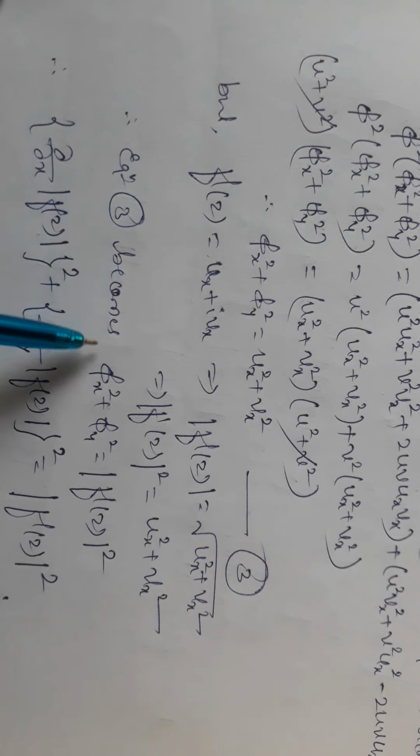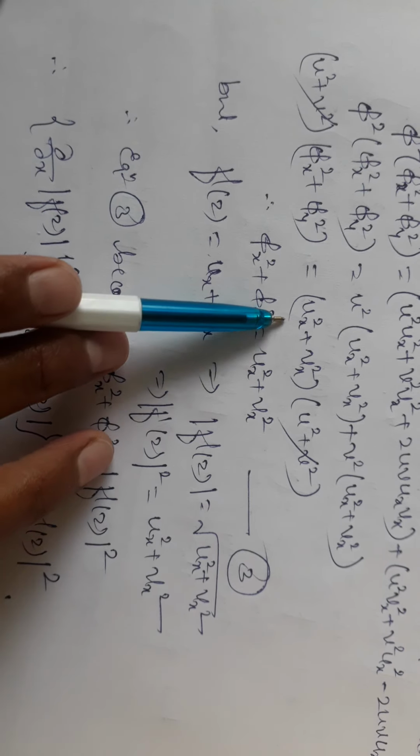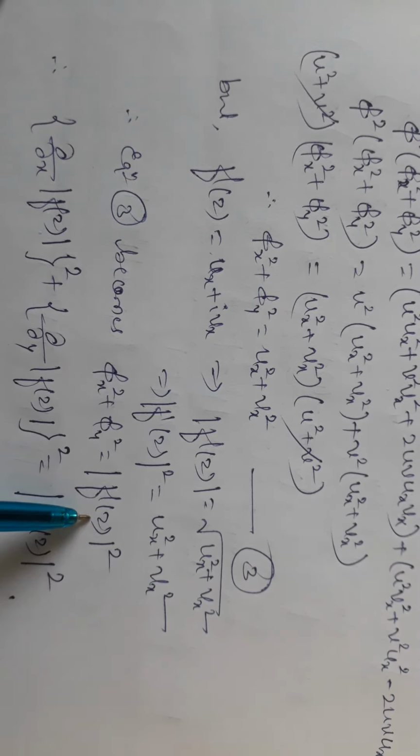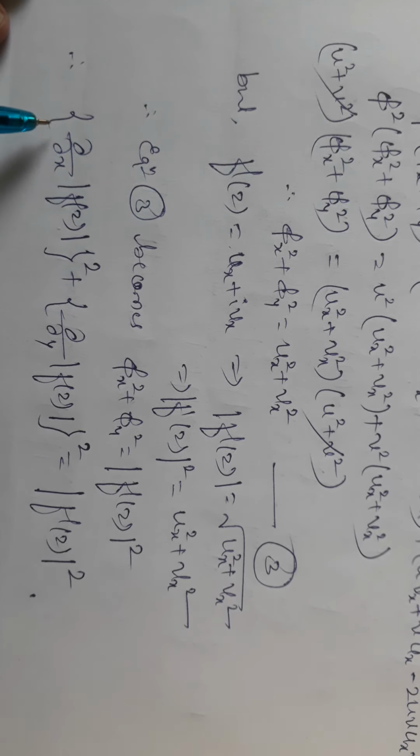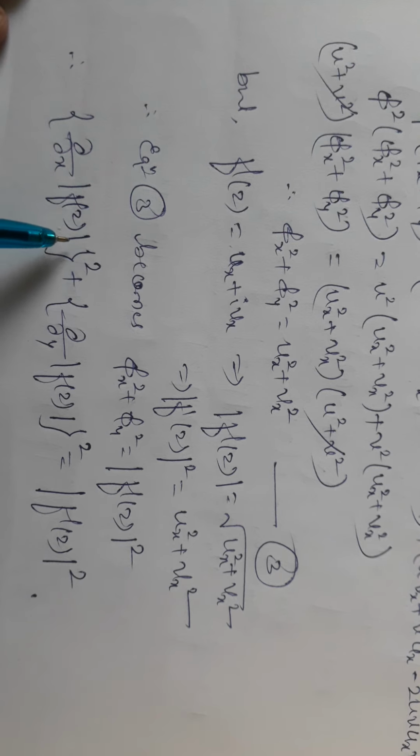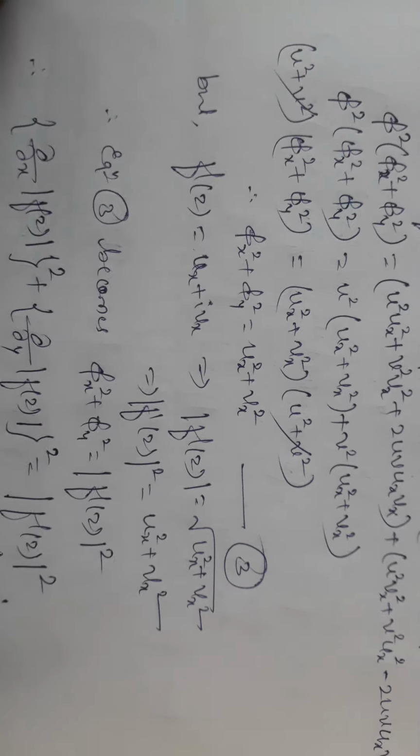Hence equation number 3 becomes, that is RHS, mod f dash of z whole square. Therefore we get the desired result: dou by dou x of mod f of z whole square plus dou by dou y of mod f of z whole square equal to mod f dash of z whole square.